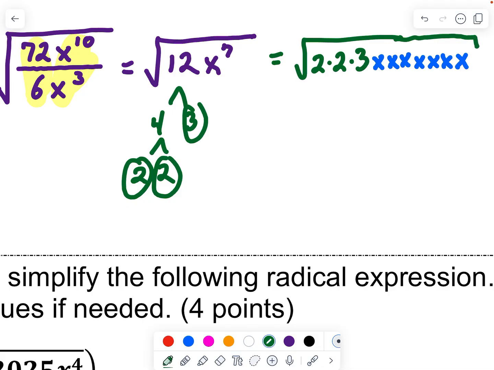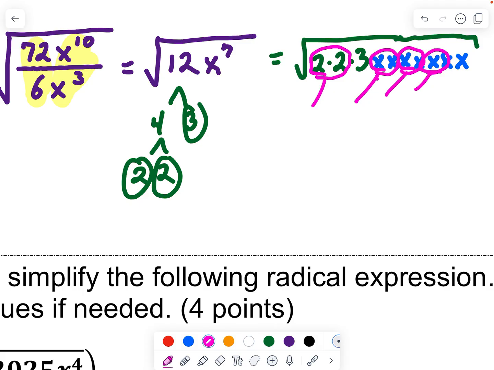And let's circle. Looking for pairs. That's what I'm circling. There's a pair of 2s, a pair of x's, another pair of x's, another pair of x's. And so each of those pairs is coming out as one of those factors.